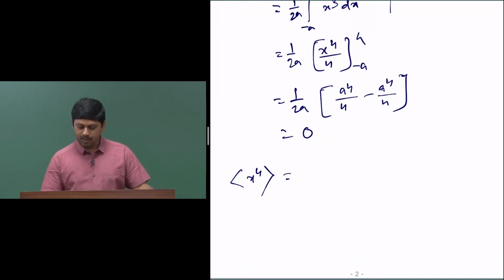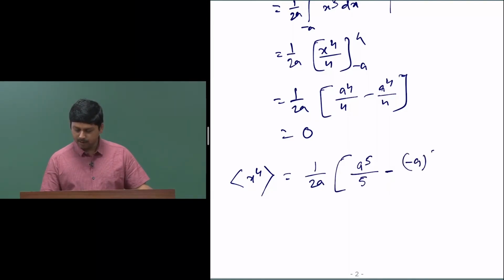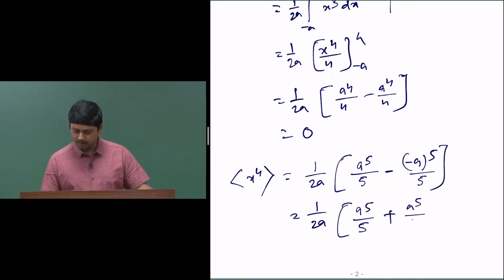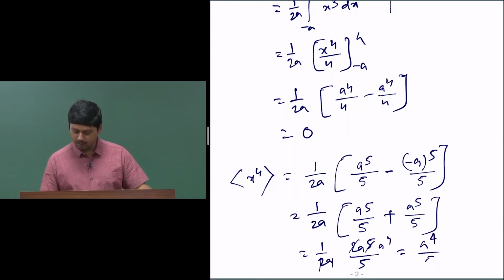I can write the answer now by following all the above: 1 by 2 a times (a to the power 5 by 5 minus minus a to the power 5 by 5), which is 1 by 2 a times 2 a to the power 5 by 5, going to give us a to the power 4 by 5.